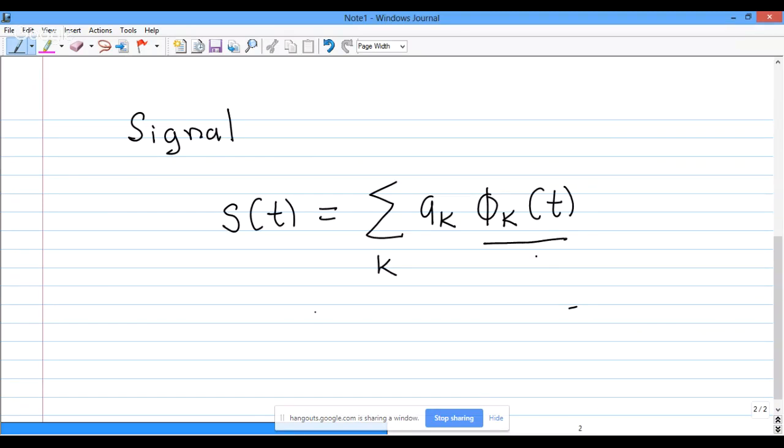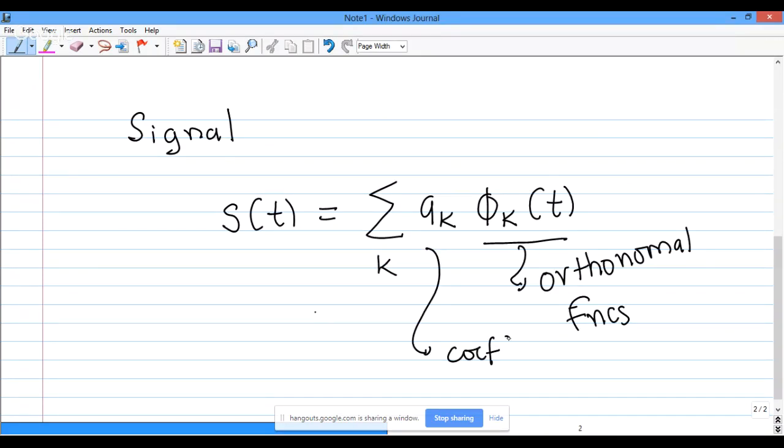So phi_k(t) represents that these are orthonormal functions and a_k are the coefficients of these orthonormal functions. So the question is, why do we use a bunch of orthonormal functions to express a signal s(t)?